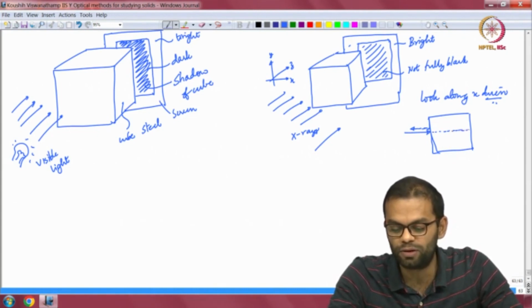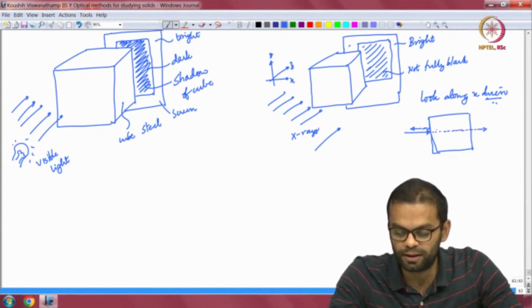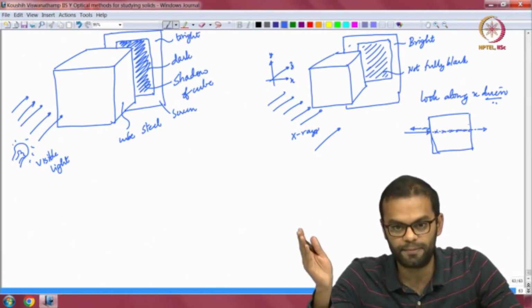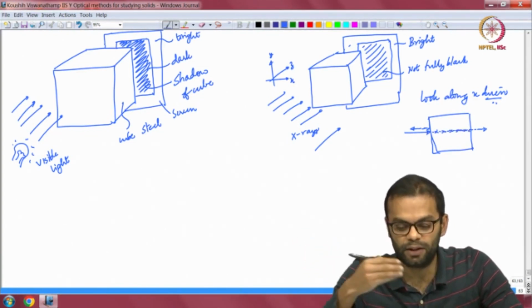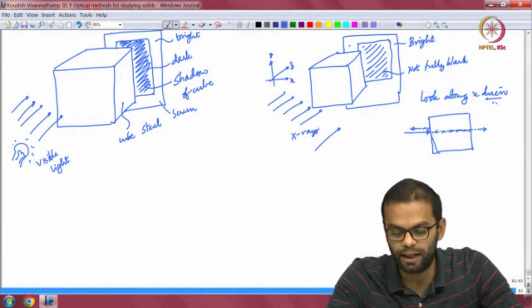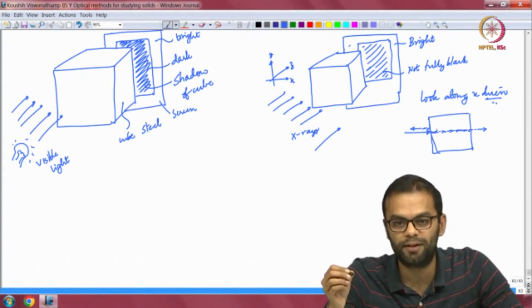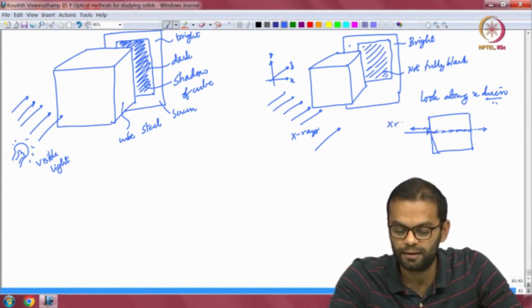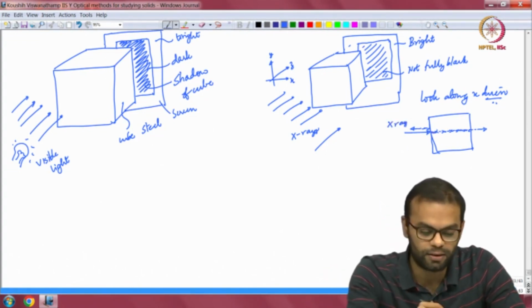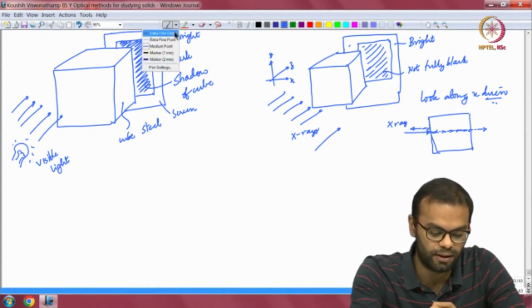Now, as this goes through, some part of it is constantly being absorbed by the metal as the light ray is passing through. In the case of optical light, most of it is reflected, some of it goes through, and whatever goes through is very quickly absorbed. So, this is X-ray, and if you had an optical light source, for example, let me use a different color for this.